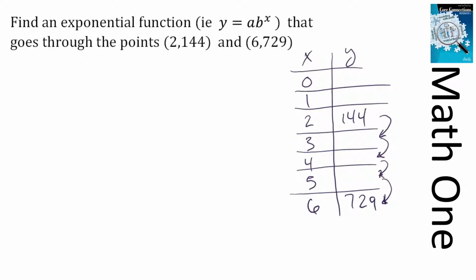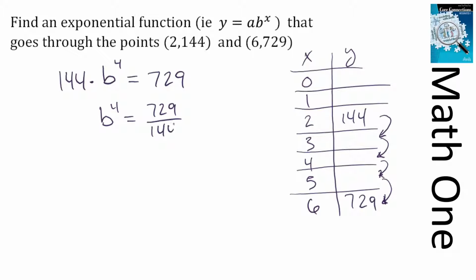What we're saying here is if we take the number 144 and we multiply by 4 factors of b, or I could write it as b to the 4th power, I will get 729. Now I could isolate b to the 4th: b to the 4th power has to equal 729 divided by 144.